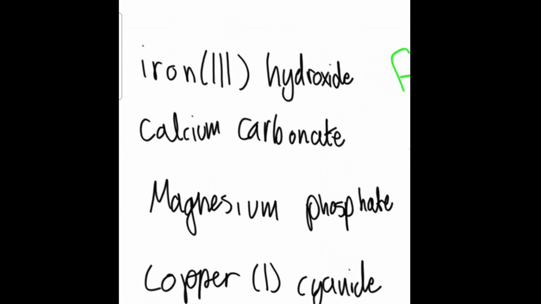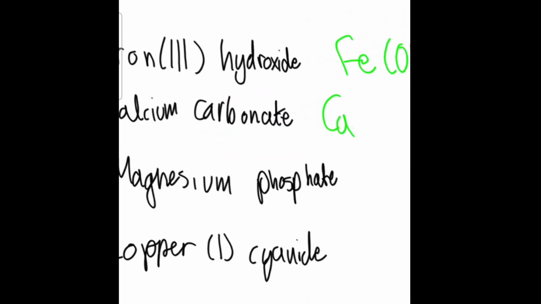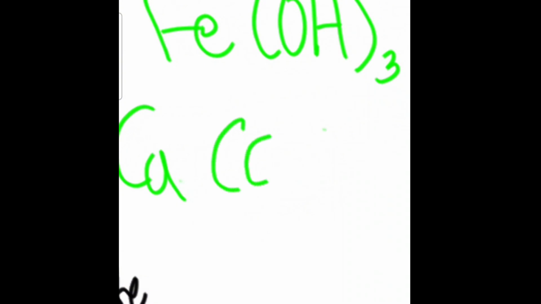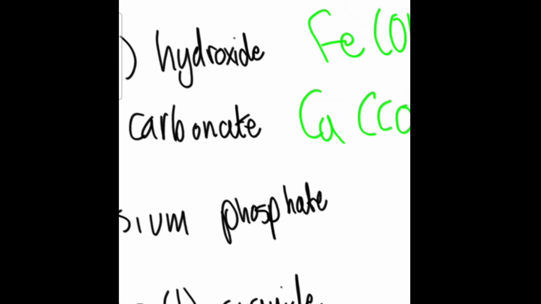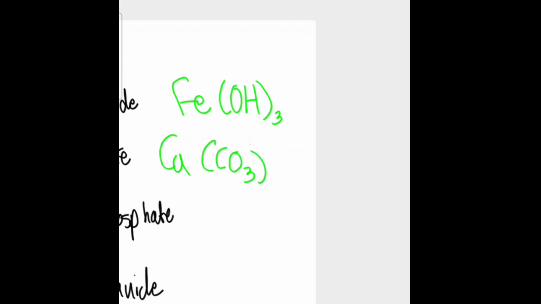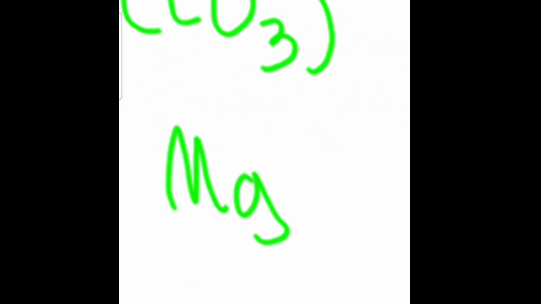Okay, what is calcium carbonate? Well, we know Ca is calcium, and we gotta put brackets. Carbonate, because I don't know if it has a charge. Carbonate has a charge of 2, and calcium has a charge of 2 as well. So this is the final answer. Okay, magnesium. We know magnesium as Mg.